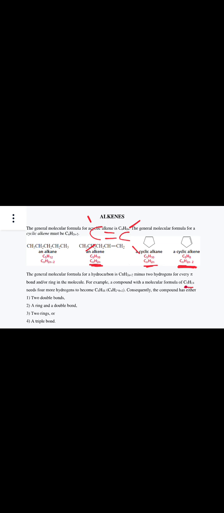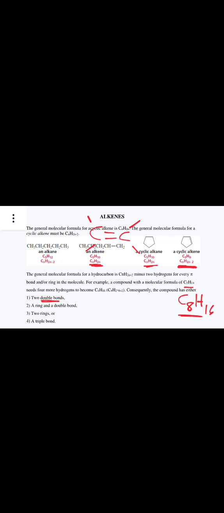If that is 8 and that is 14, then I might be talking of a double bond, or not just a double bond but 2 double bonds. Because if it was only 1 double bond, then I would have had C8H16. If that was just a single alkene, the molecular formula would have been C8H16.